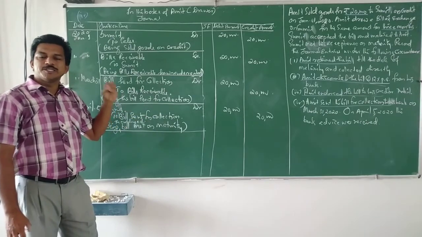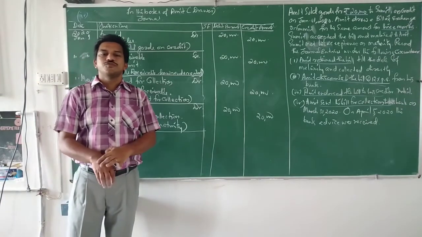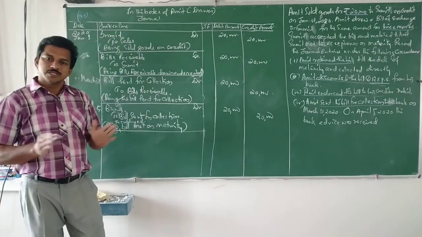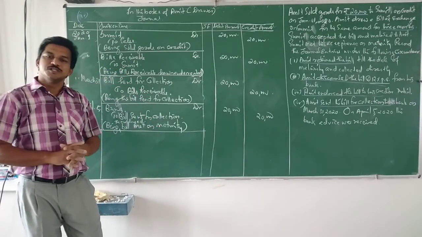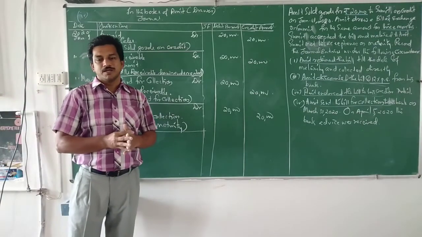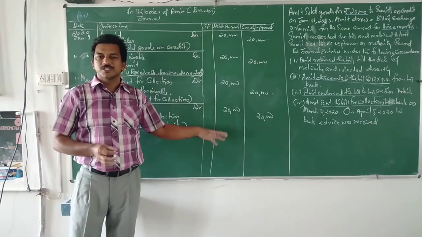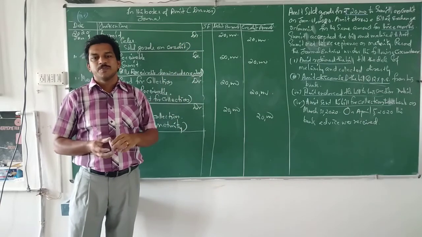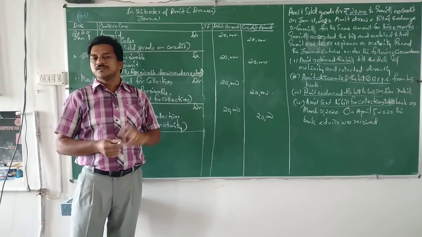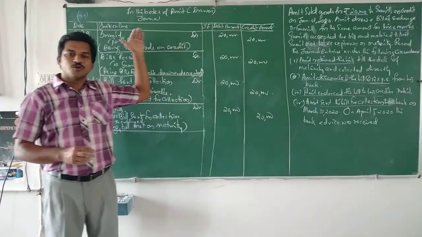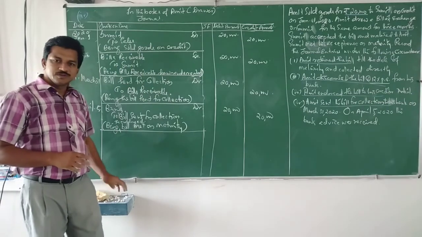So what will be the journal entry in the books of drawee at this time? Just the same journal entry: bills payable debit to bank. So these are the journal entries in all the four cases in the books of drawer. Now it is your turn to write the journal entries in the books of drawee like this for all the four cases.